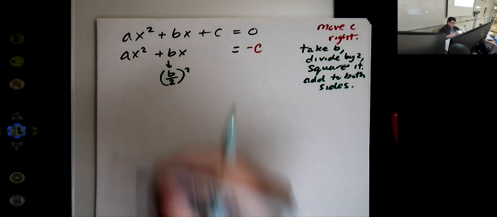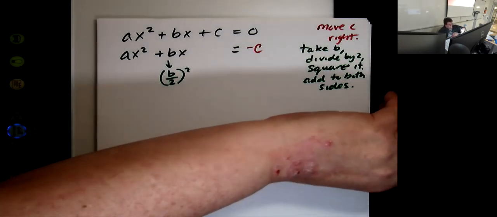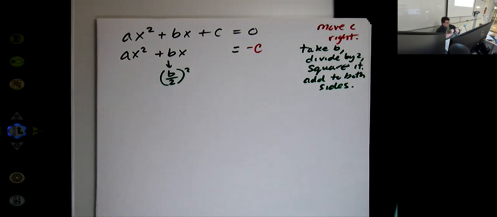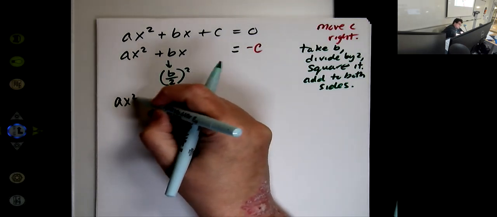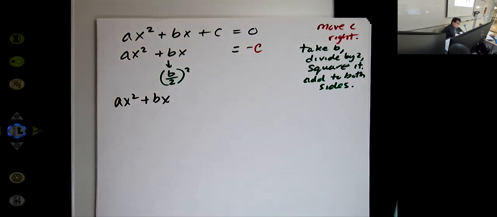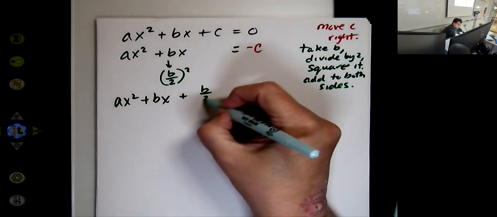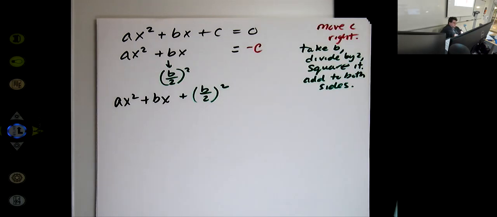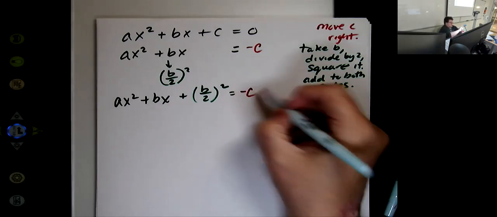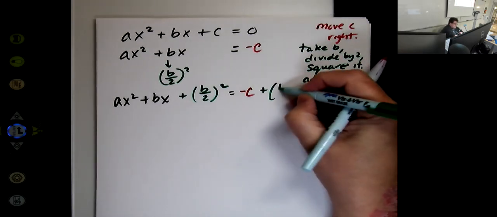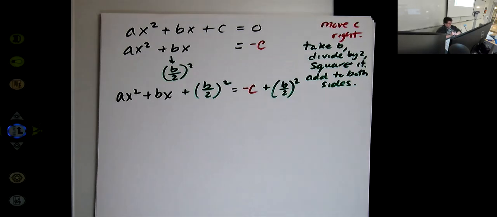So what I'm doing here, oop, these pins are in the wrong cubby holes. I got ax squared plus bx plus b over 2 squared equals, ooh, let's just stick with multicolor, negative c plus that b over 2. Oh, messed it up already.